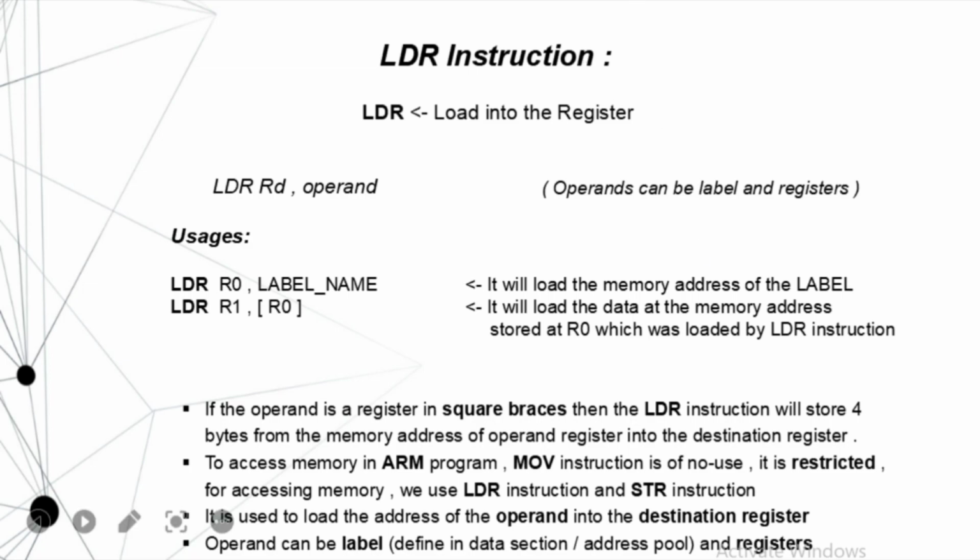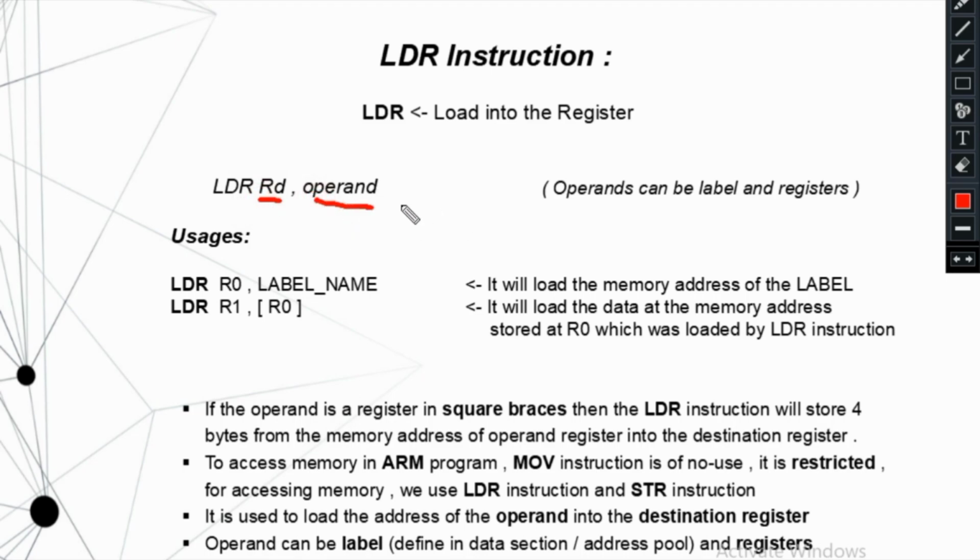Load register instructions have a destination register and an operand. An operand can be a label or registers. So what does the load register instruction do? It loads data from the operand's memory address into the destination register. As we know, we cannot directly access the memory address in our ARM program, so what I have done here is load R0 with the memory address of some label in our text section or data section.